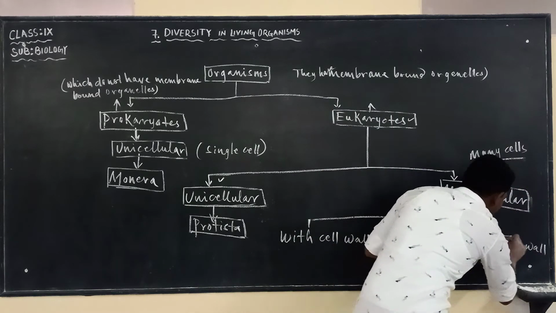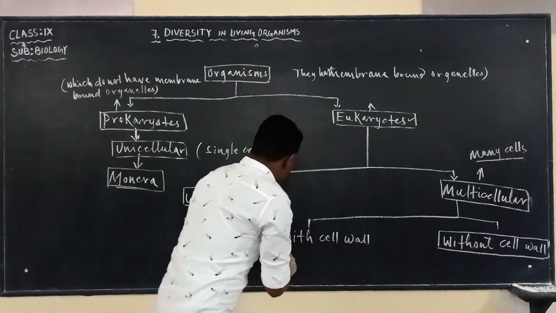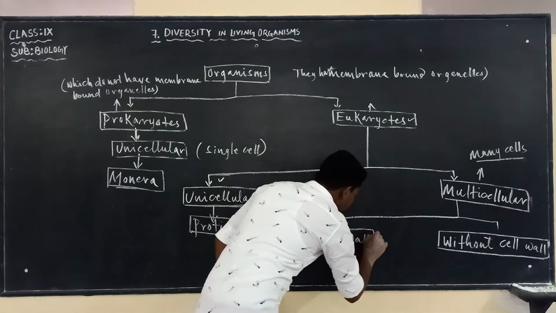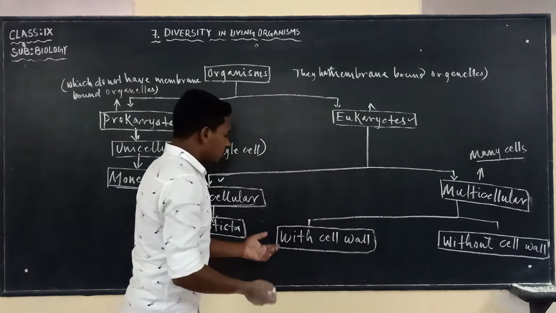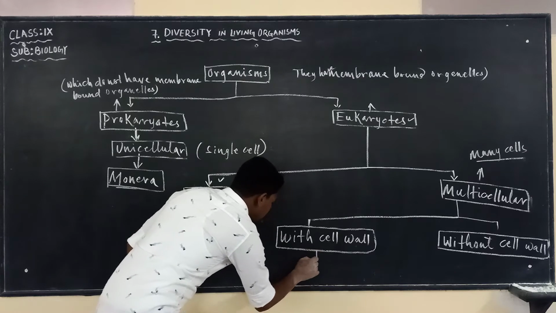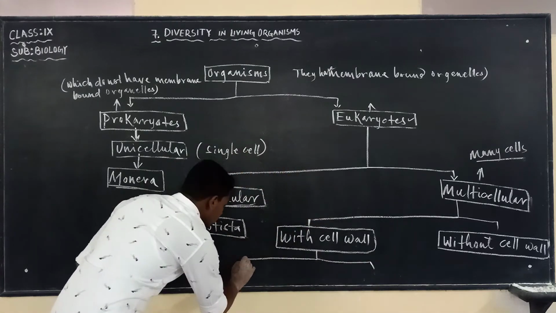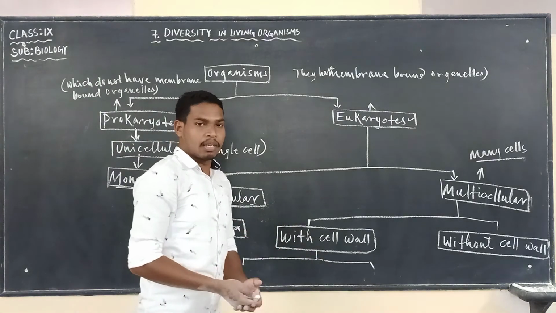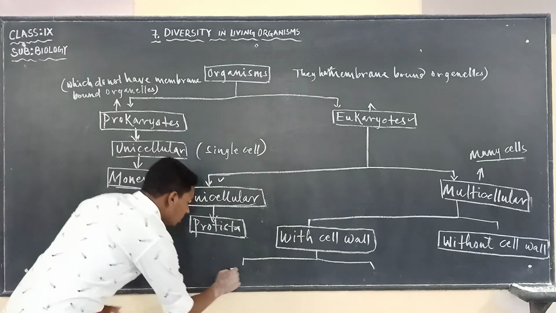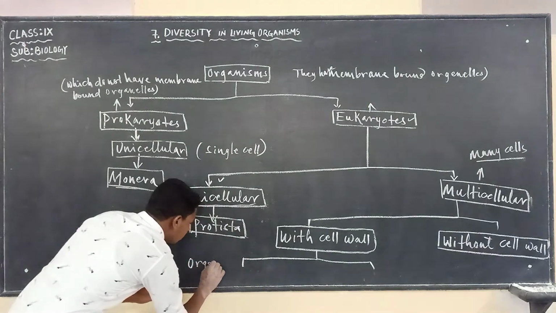Organisms were divided again based on the cell wall. So organisms that have a cell wall are again divided into two types: organisms that undergo photosynthesis and organisms that do not undergo photosynthesis.